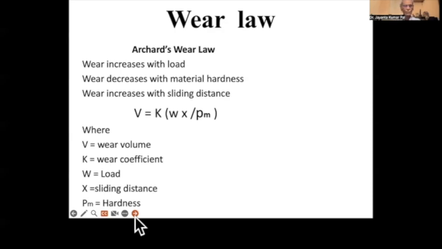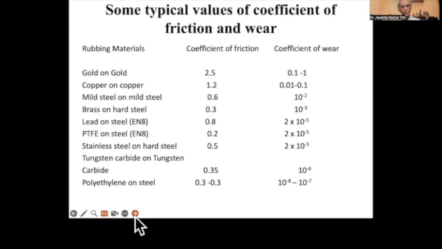So this is a very simple observation. Professor Archard put it in a wonderful way as wear law, and we still use it for our initial approximation of wear of components in design.